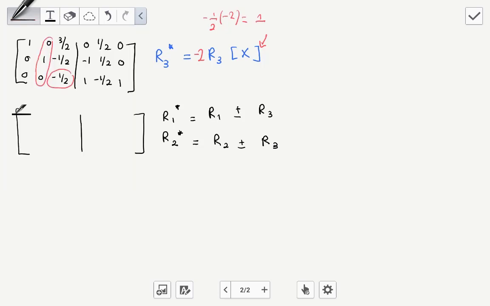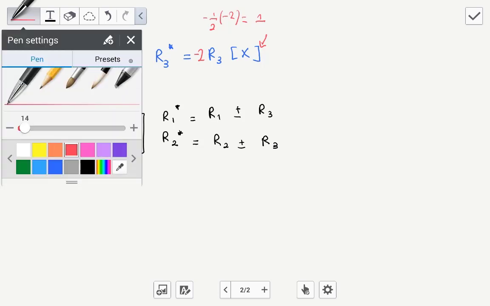So we're going to copy R1 as it is, 1, 0, 3 over 2, 0, 1 over 2, 0. No changes on R2, 0, 1, negative 1 over 2, negative 1, 1 over 2, 0. Now R3 we're going to multiply with negative 2. So you will be getting 0, 0, 1 followed by negative 2, 1, negative 2. Okay, so that is our new R3.